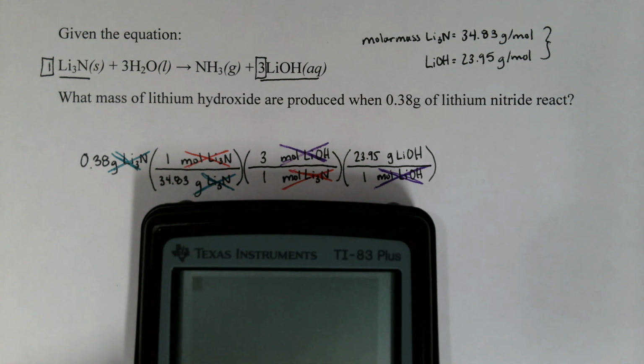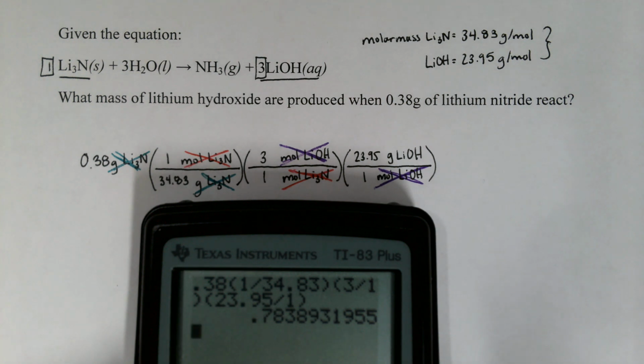And we type it in like this, 0.38, then we type in each fraction, times 1 over 34.83, 3 over 1, and 23.95 over 1. And there we have it.